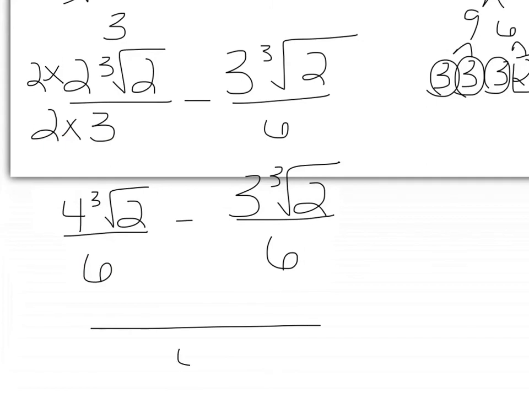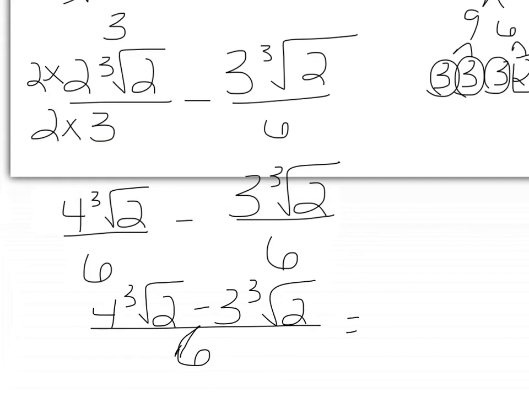Now I'm going to put all this over one common denominator of 6. And then I've got 4 cube roots of 2 minus 3 cube roots of 2. Because they are the same index and radicand, I can go ahead and subtract their coefficients. In this case, it's 4 minus 3, which is 1 cube root of 2 over 6.